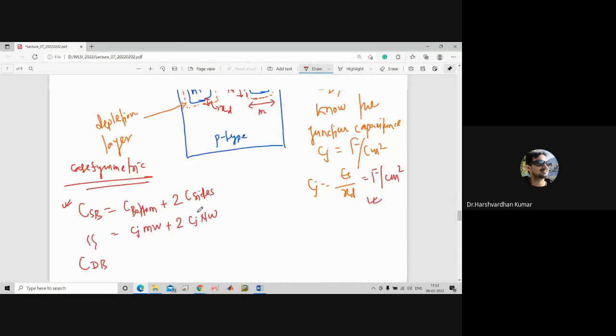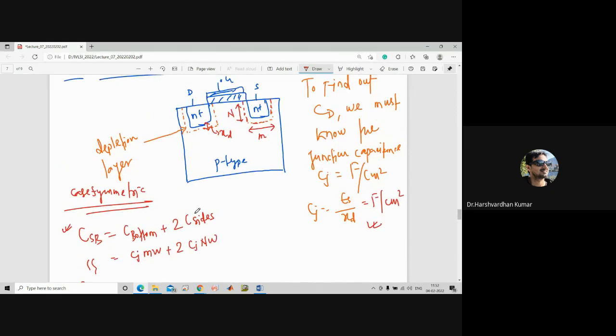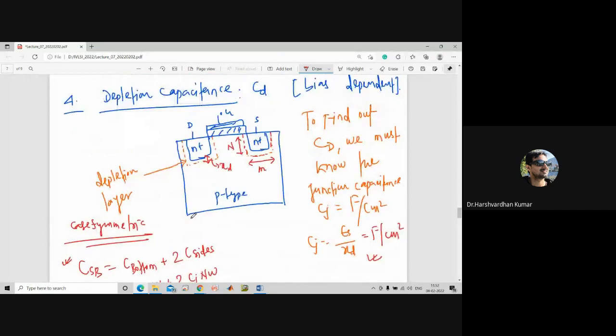But this is all about the linear region I told you. So what will happen in case of the saturation region? Can you guess? Asymmetric it will be.